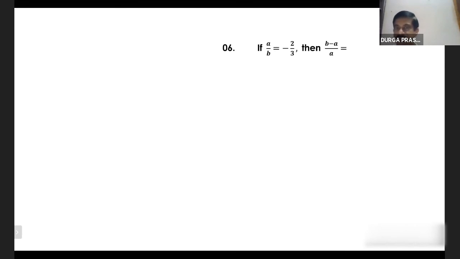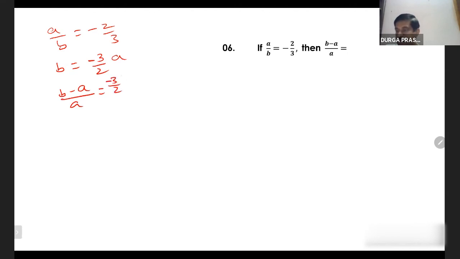Look at this. If a by b equal to minus 2 by 3, then b minus a by a means, if I can write b in terms of a, the denominator and numerator a gets cancelled. So if I take a by b equal to minus 2 by 3, b equal to minus 3 by 2 times a. So b minus a by a is minus 3 by 2 a minus a by a.